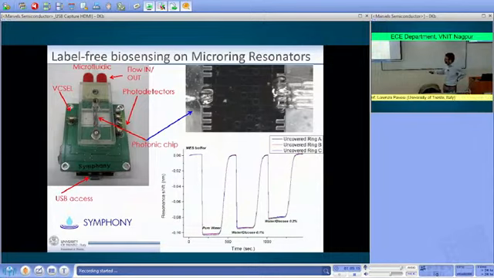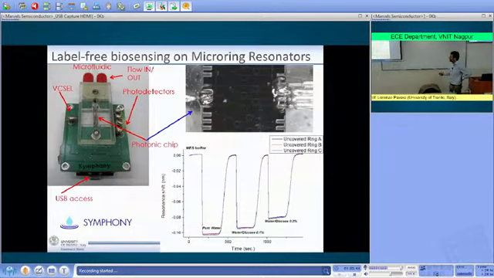Here is the PCB board where all the electronics that drive the laser and the photodetector, and analyze the signal, are integrated. Here you have an input laser. You send the light from the input laser through the fiber into the circuit. Here you have the photodetectors, 4 photodetectors to detect the signal that is transmitted by the microring resonators.